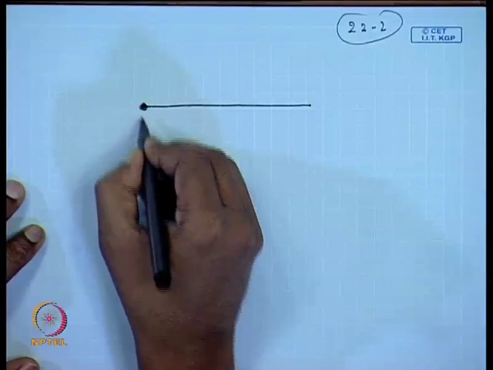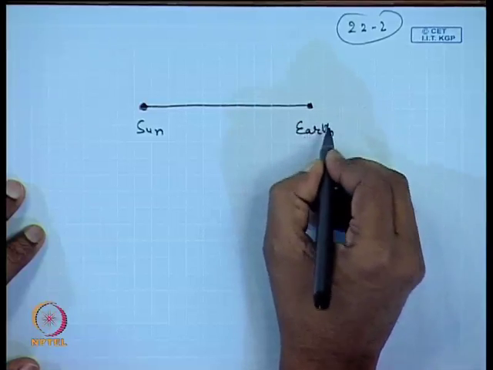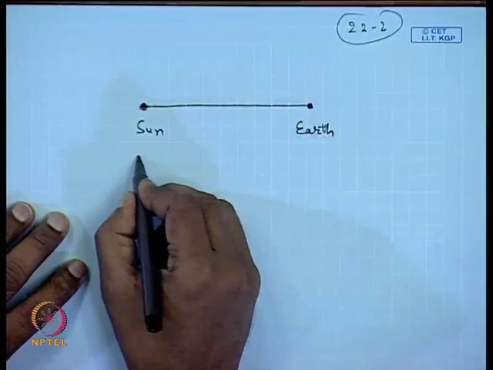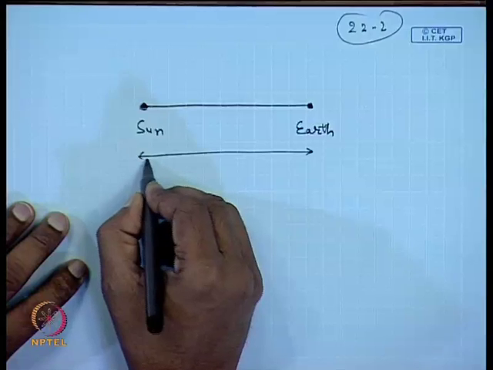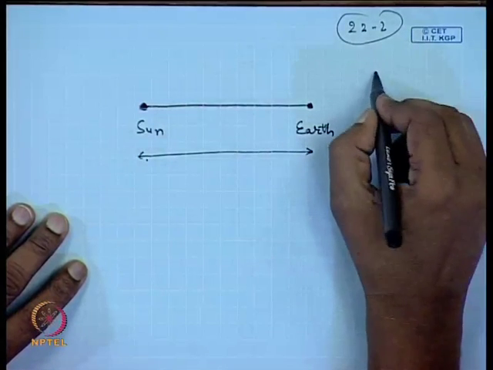Okay, now for the Sun Earth system, the distance between the Earth and Sun has already been normalized.